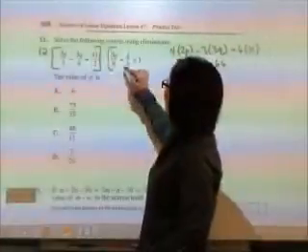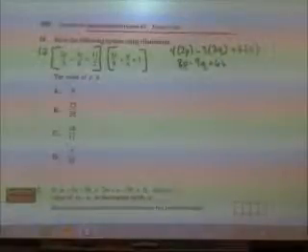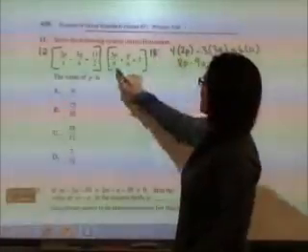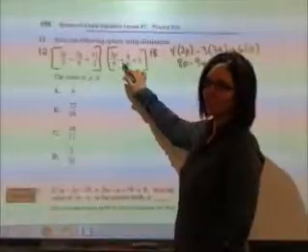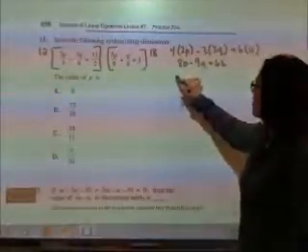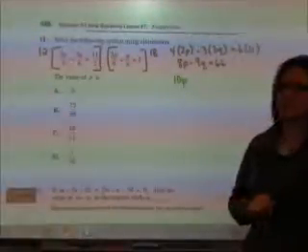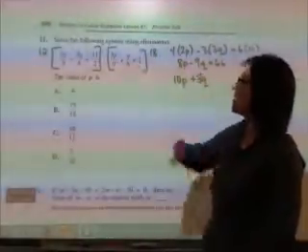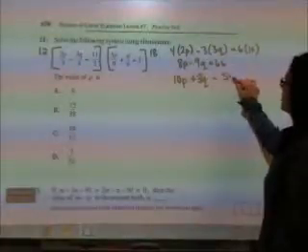What can I multiply the second equation by? Common multiple for 9 and 6, 18. So I get 18 divided by 9, which is 2, and 2 times 5p would be 10p. 18 divided by 6, so plus 3q. And then 18 times 3 is 54.